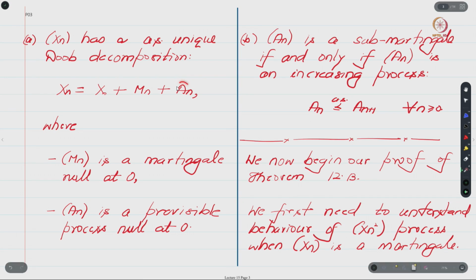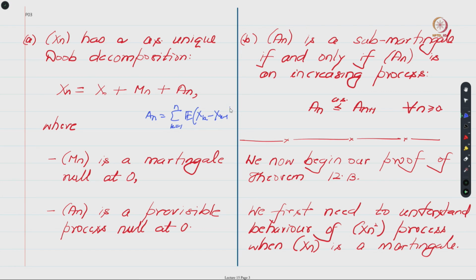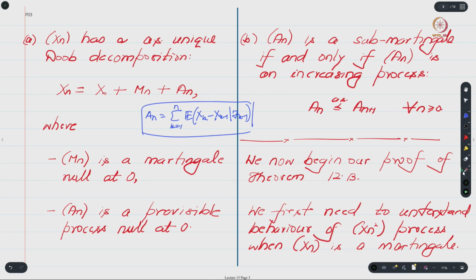So here please do not misinterpret this An as the angle bracket process. Here An is basically the summation k equals 1 to n of the expected value of Xk minus Xk minus 1 given Fk minus 1. Okay, so this is how your An process was defined. At least An will equal this almost surely.